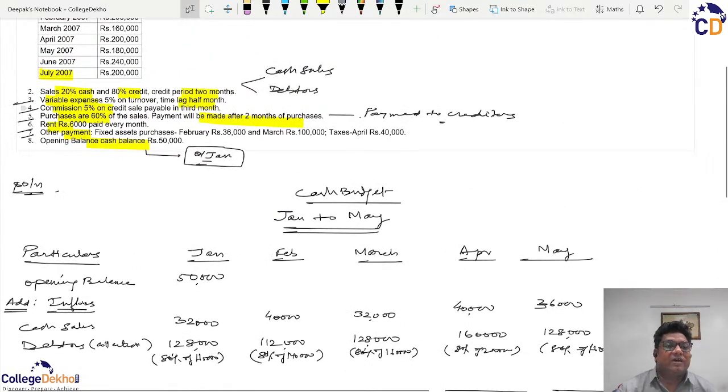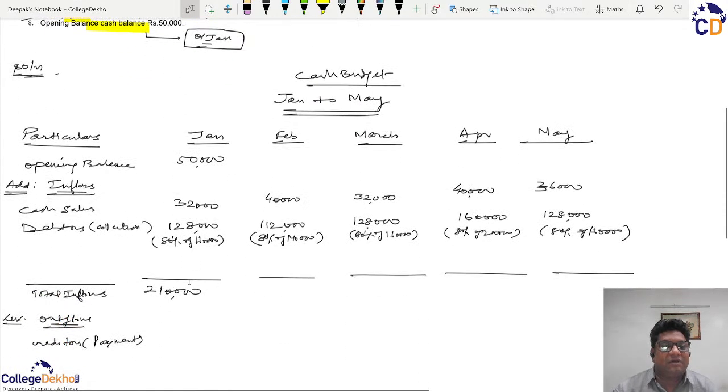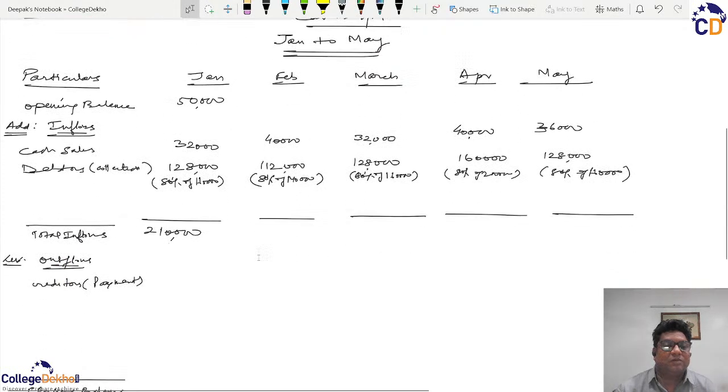As they say, variable expenses are in a time lag of half month. So it denotes that 50% of the variable expenditures will be paid in the same month, and the balance 50% will be paid in the subsequent month.